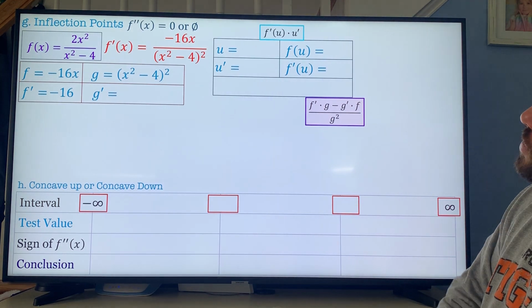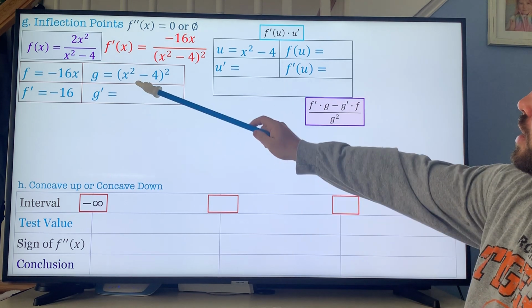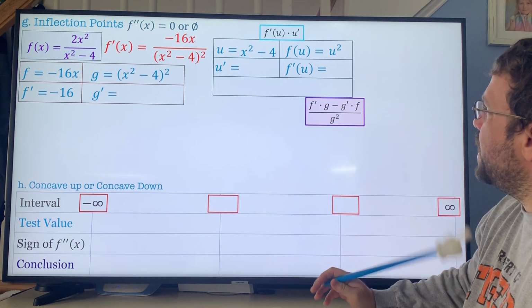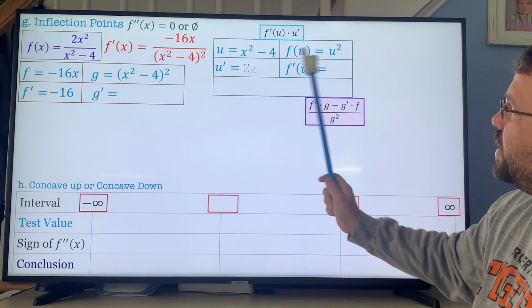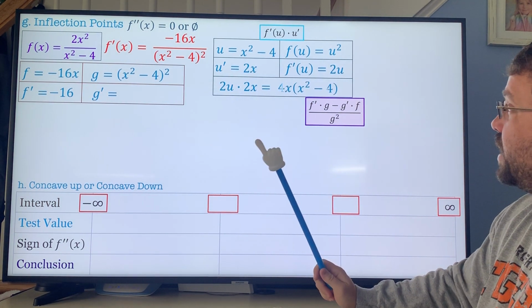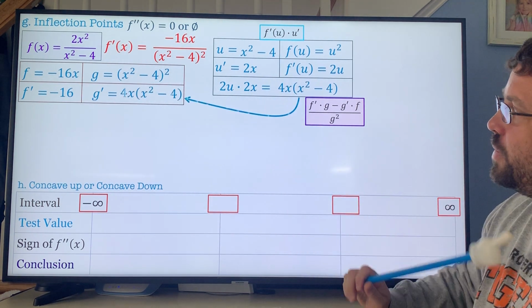So your U is the inside, x squared minus 4. Your F of U, that to the second power, U squared. 2x, 2u. 2x times 2u. 2 times 2 is 4xu, or 4x times x squared minus 4. Put it back over there.